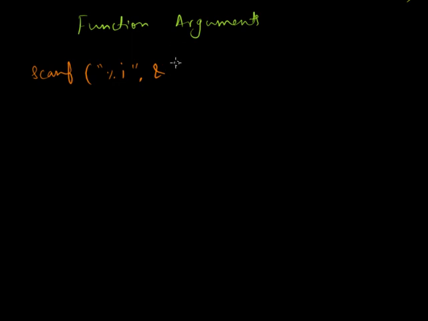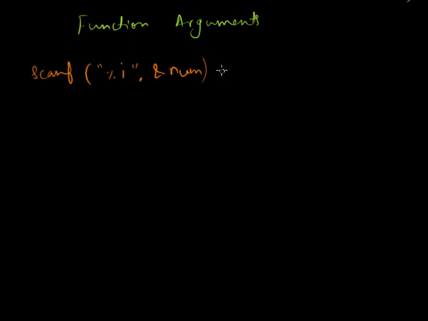Okay, now we come to a point where we can understand function arguments. Let us take the simple example of our function which we have used, scanf. How do you write scanf? You write this format specifier. Let's take the format specifier as %i, which means integer, and it needs an address, so address of num.